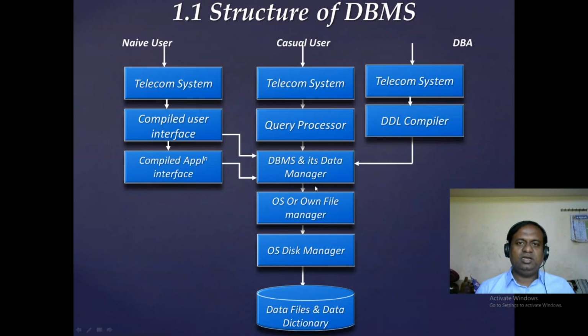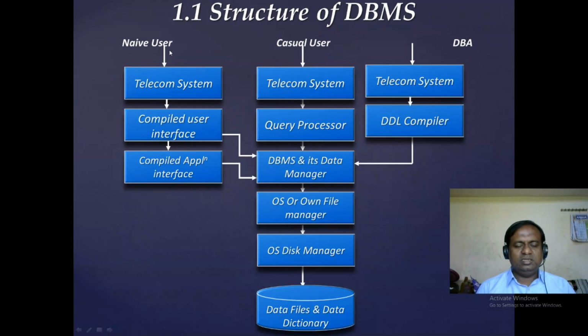Now, let's start our first point for our first chapter, that is the structure of a database management system. In this, as you can see, there are not many blocks displayed in the diagram. Let's start with the first part: naive user, casual user, DBA. These are users of the database management system, or users of the database.